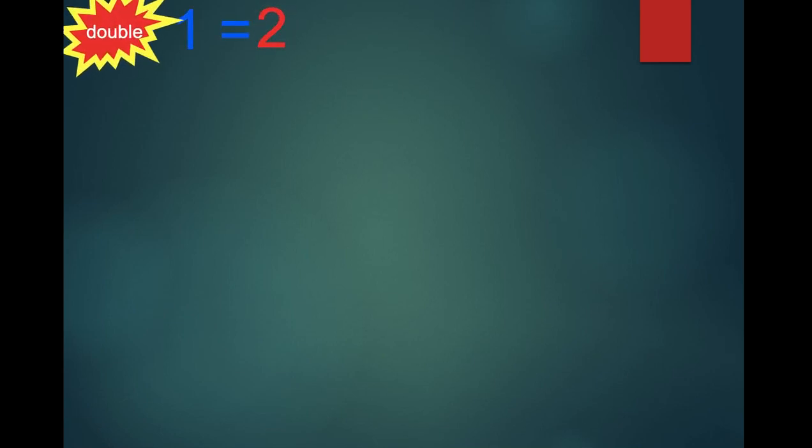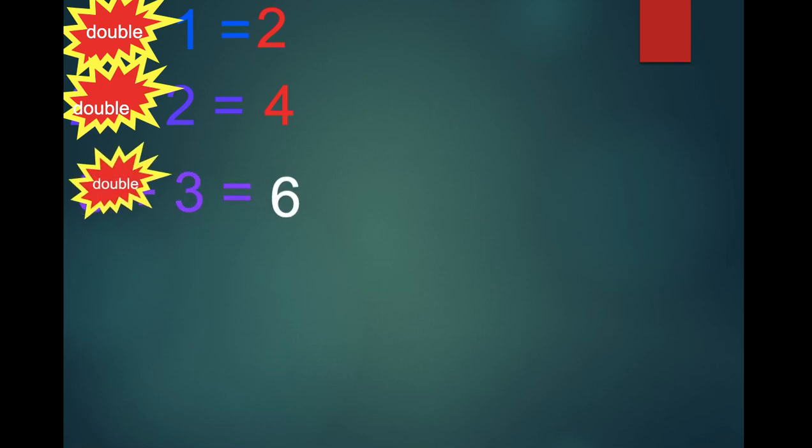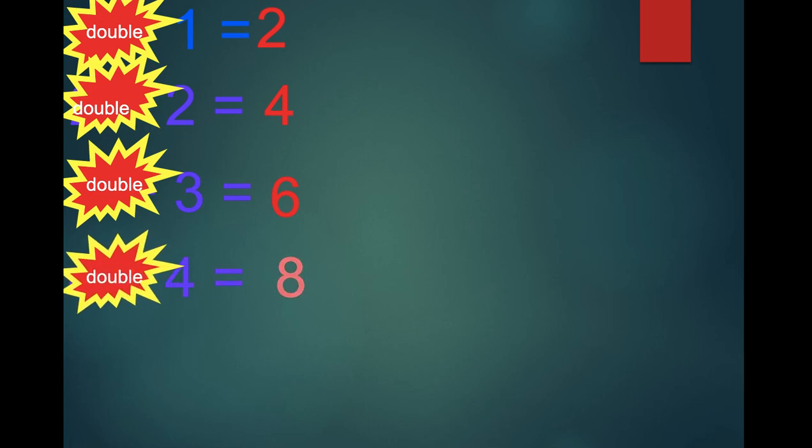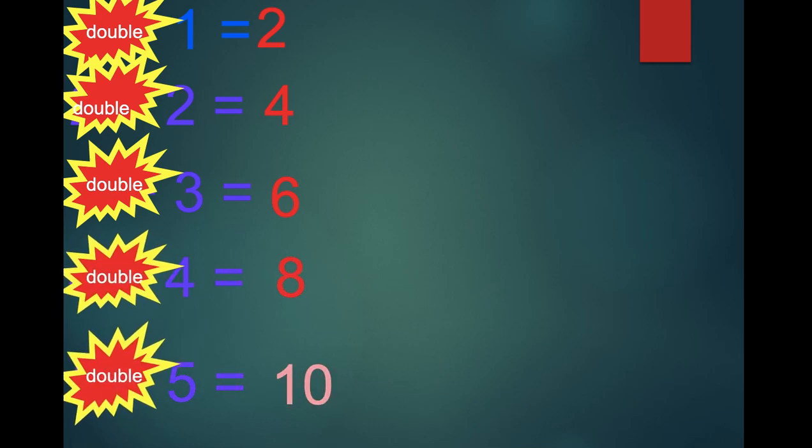So this is doubles of 1. When you double the number 1, you get 2. What is the doubles of 2? Well done. 2 plus 2 is 4. Doubles of 3, doubles of 4, doubles of 5.